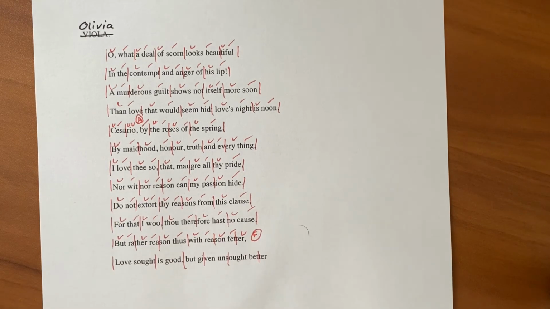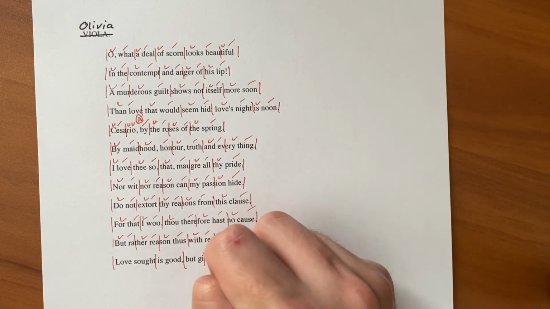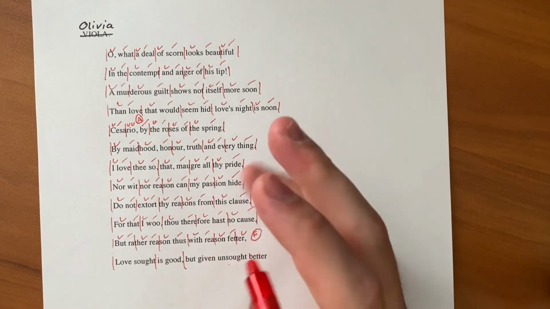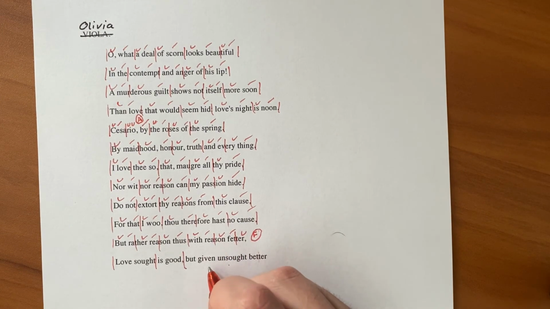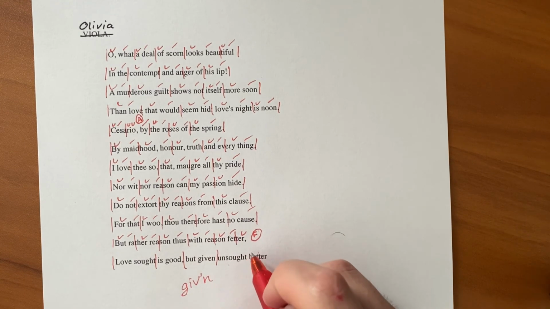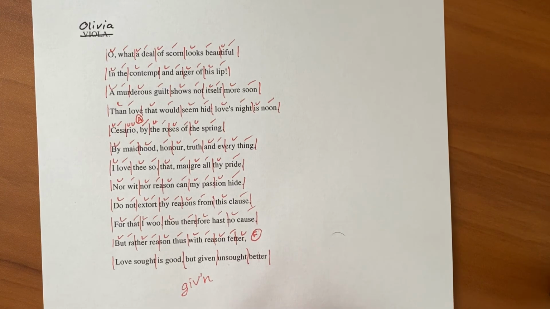So here's what I missed, right? We can elide the word given. Remember I mentioned being able to take out those medial V's? So like heaven becomes heaven, and given would become given. There's a trochee at the end of this line then, if we do that alteration.